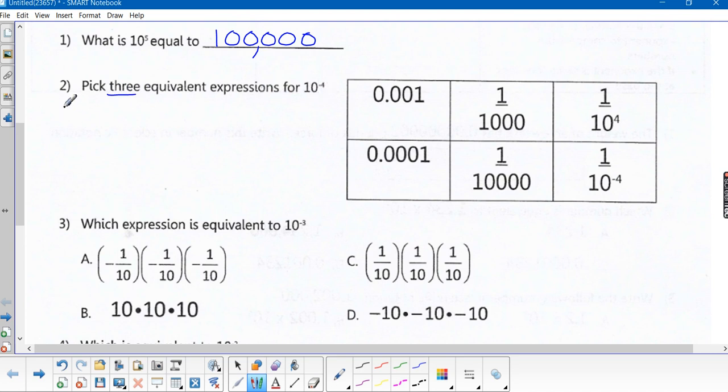Over here they are. I'm just going to go over here real quick and write down everything I know about 10 to the negative 4th. Once I write these down, it just gives me something to look at to make sure I choose all of them that are correct.